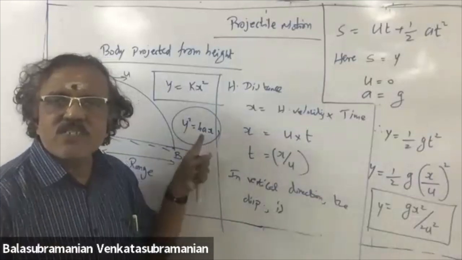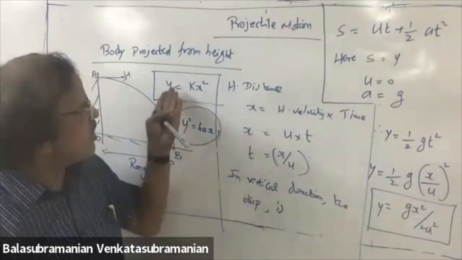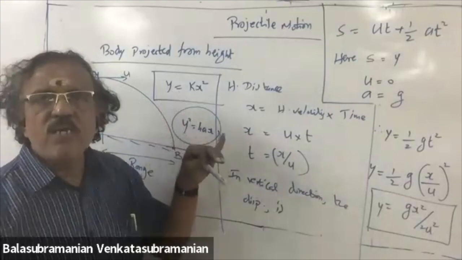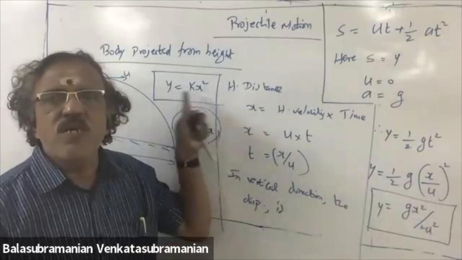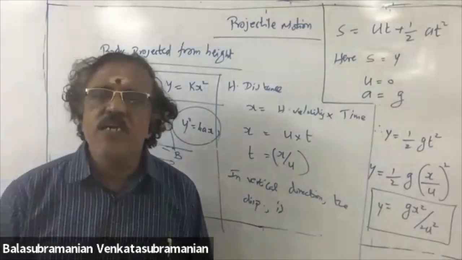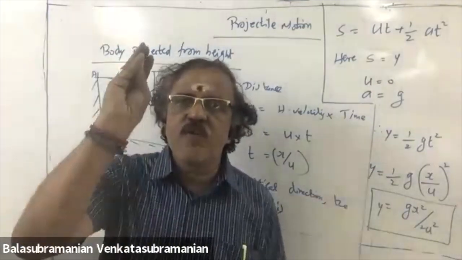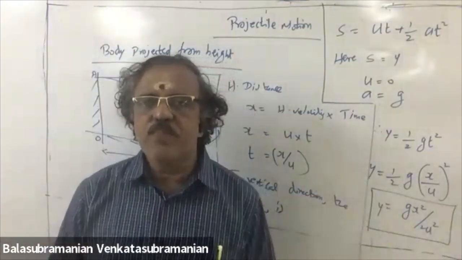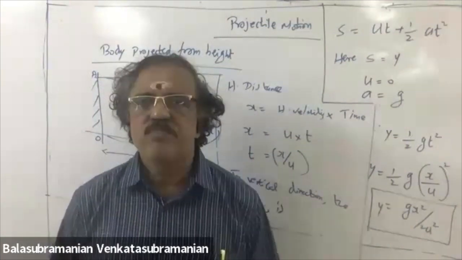Any equation like this, we call it a parabolic equation. Here you see y, one variable, x square, one variable, one constant. So this equation represents a parabolic equation. That means body projected from top of the building represents a parabolic path. First statement.